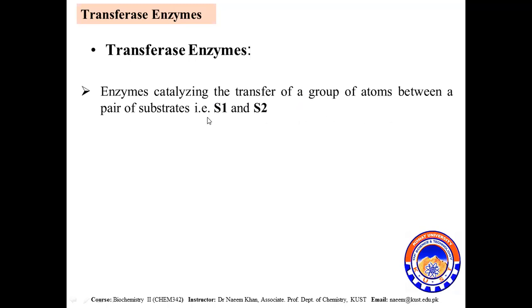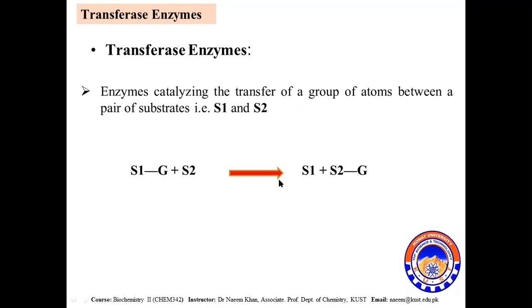For example, if we have substrates S1 and S2, and substrate S1 has a group represented by G, and this reaction takes place and group G is transferred to S2, in this reaction the group G, which may be anything, is transferred from substrate S1 to substrate S2.